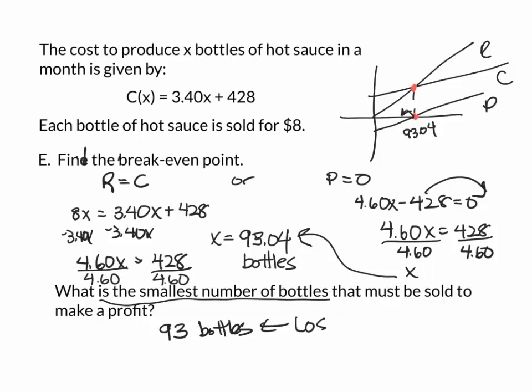There's a loss, a very small loss, but a loss. And we want to make a profit. So instead of rounding down like we normally do with a number like 93.04, we're going to round up to the next whole. So in order to make a profit, the smallest number that we can produce is 94 bottles.